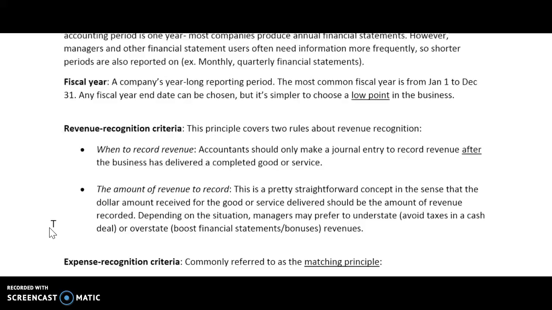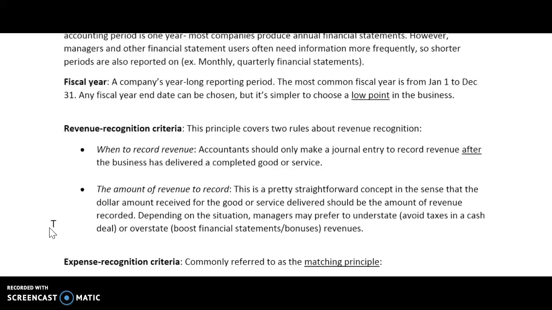Looking at revenue recognition criteria, the two rules about revenue recognition. First, we look at when it's best to record revenue. We should only make a journal entry to record revenue, be it sales revenue or service revenue, after we have completed a good or service.